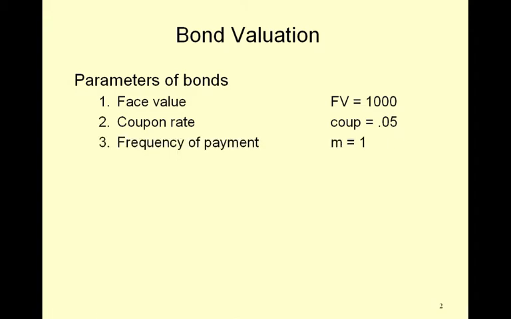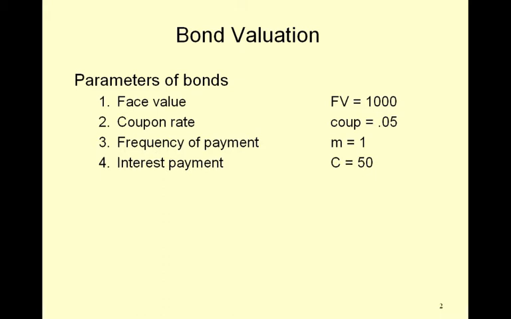The third parameter is the frequency of payment of interest. To use the symbol that we had in the last session, frequency of payment is going to be designated by M. And in the example that we're going to go through, we have annual payment of interest, so that M is equal to 1.